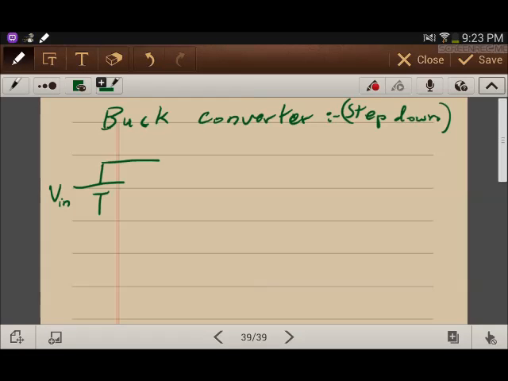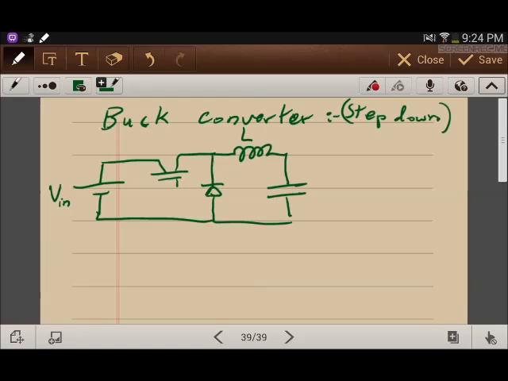Then I have here, for example, the IGBT, which is the switch. Then a diode is connected likewise, and then I will have an inductor and a capacitor in parallel with the load resistance. So this is the load resistance, this is the capacitor, this is the L of the converter, and this is the diode. This is the switch. Here we will have the output voltage.